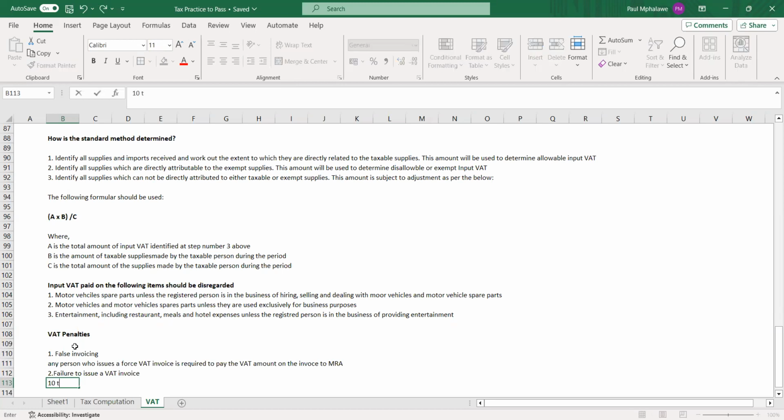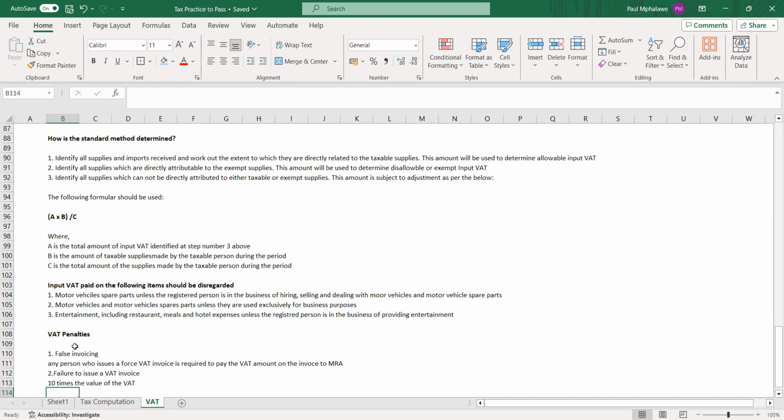So you have to pay 10 times the value of the VAT. Why not pay it correctly? Or why not just issue a tax invoice?